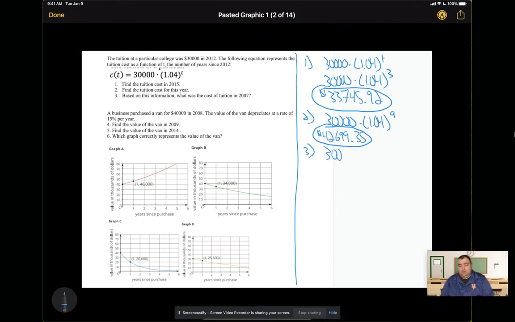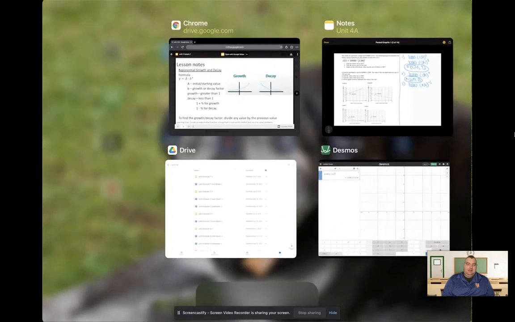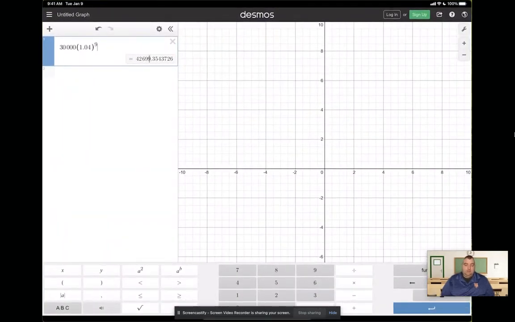So what I'm going to do is take my equation, 30,000 times 1.04, but I'm going to plug in -5 as my exponent. And what that -5 means, it doesn't mean negative money. It means what was the cost 5 years prior to this. And of course, 5 years prior to this was 2007. So the only thing I need to do is change the exponent to a -5 to find the value 5 years prior.